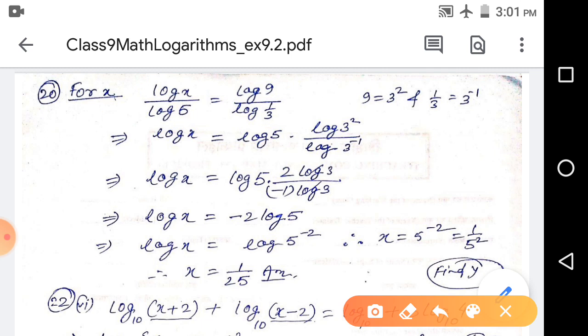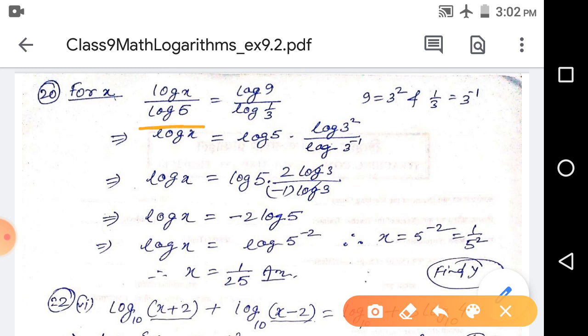Now it is given that log x by log 5 is equal to log 9 by log 1/3. This log 9 can be written as 3 to the power 2 and this log 1/3 can be written as 3 to the power minus 1. That is what I have written here. Here we can use the power law, so this 2 can be written in front: 2 log 3, and this one is minus 1 log 3. This log 3 cancels.